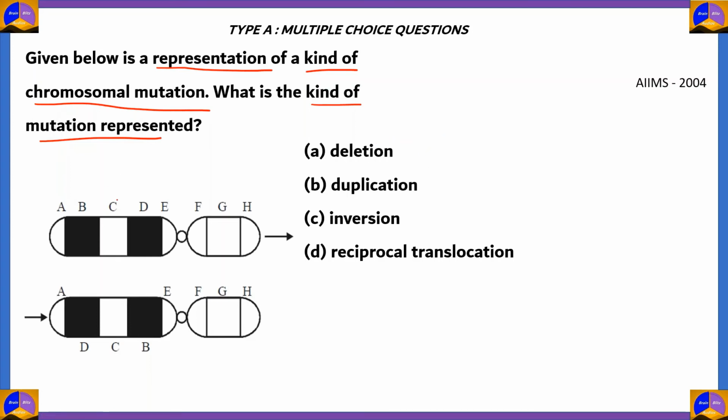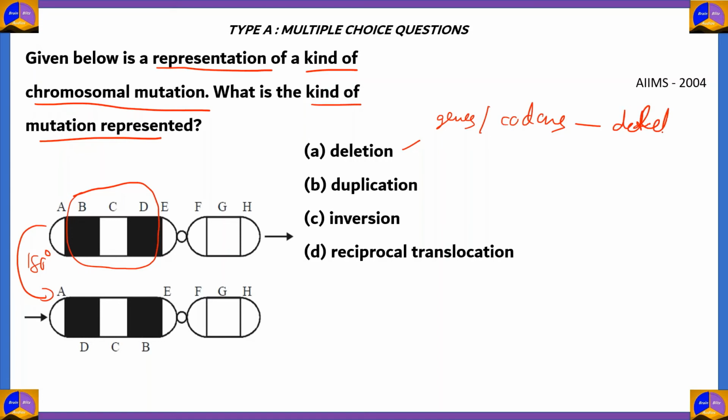But before that, we should know that when we look at this diagram, we see that the B, C, and D are inverted by 180 degrees. Option A, deletion. Here, genes or codons are deleted from chromosomes.